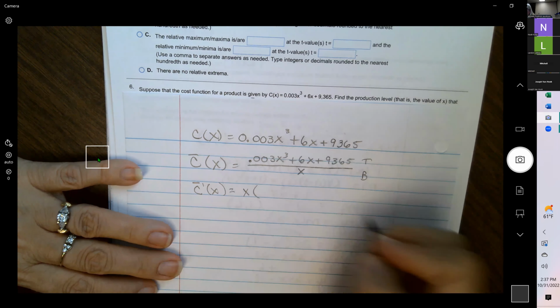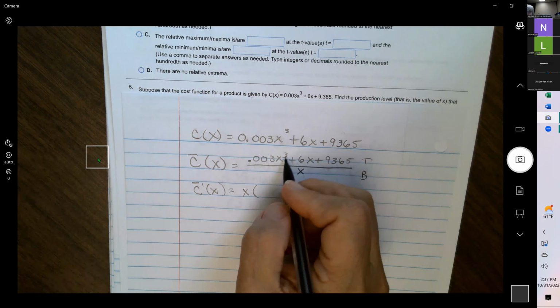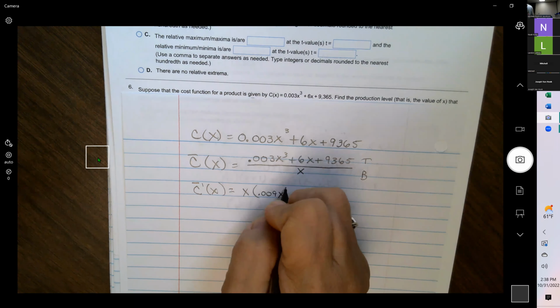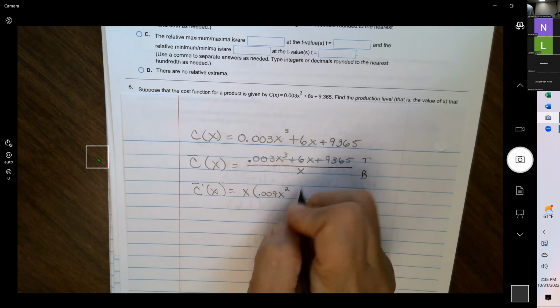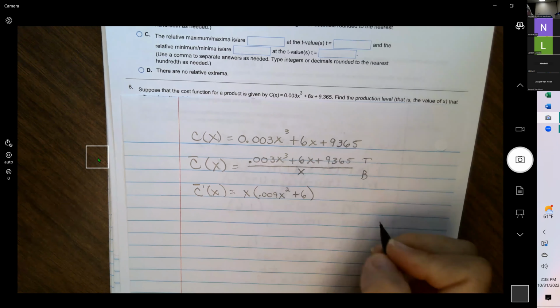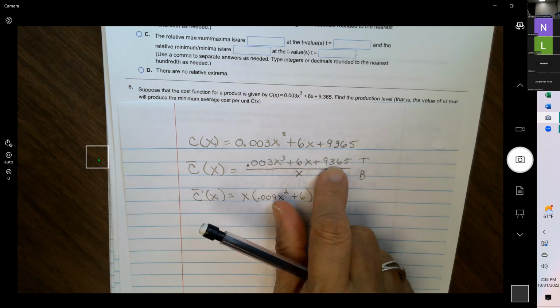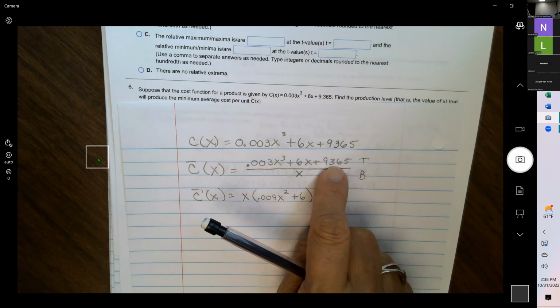Bottom times the derivative of the top. 0.009 x squared plus 6. This was x to the 0, and this is a constant which goes to 0.